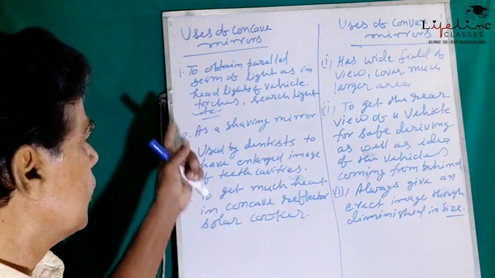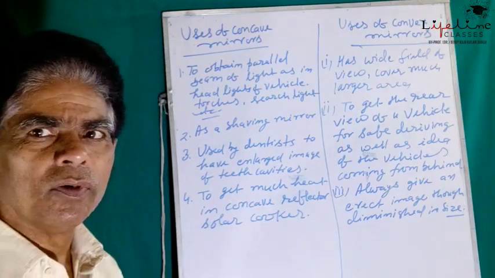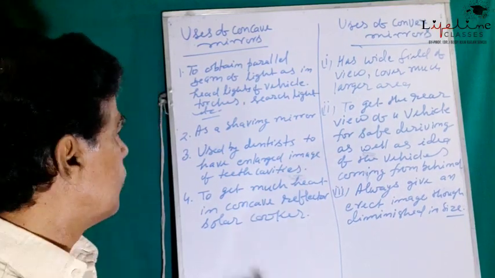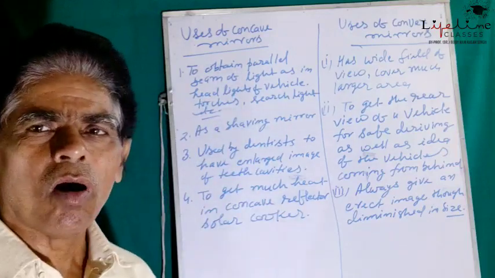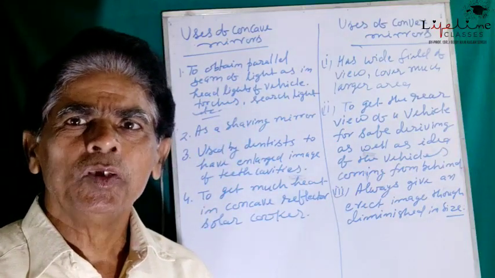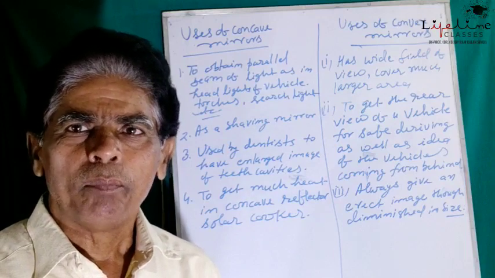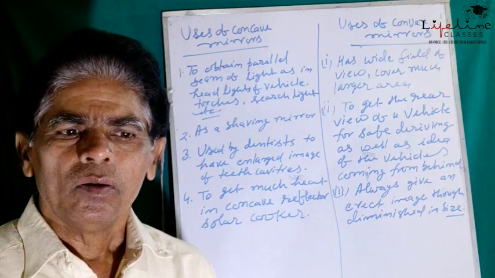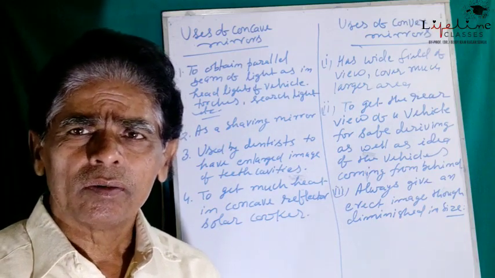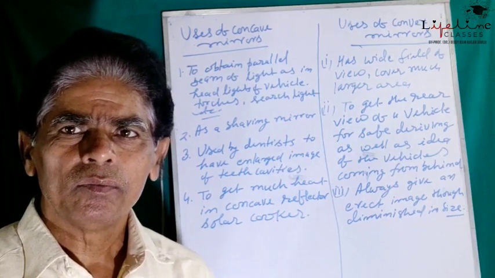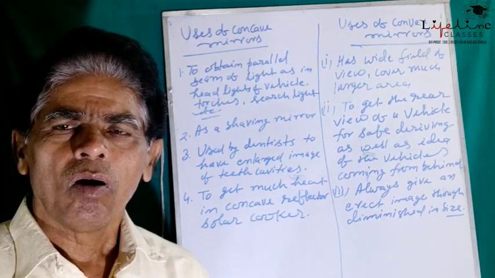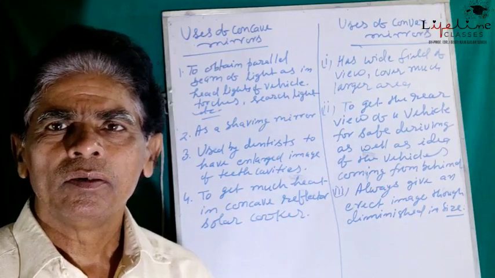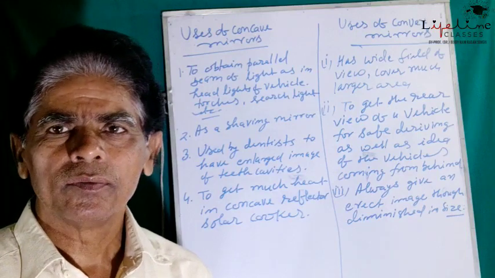There are several uses of concave mirror in our daily life. First of all, it is used to obtain the parallel beam of light when the mirror is placed in such a way that the light source we placed is at its focus.